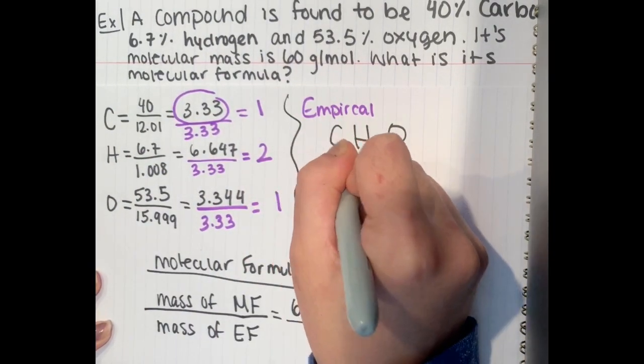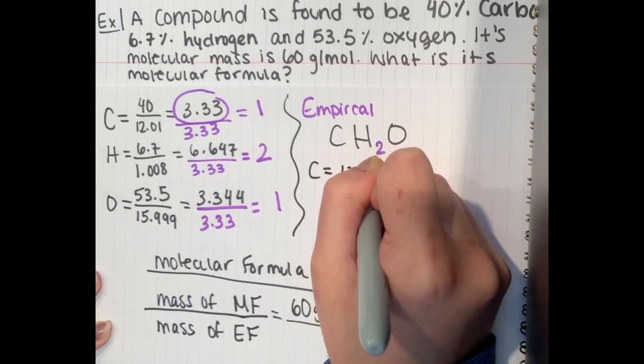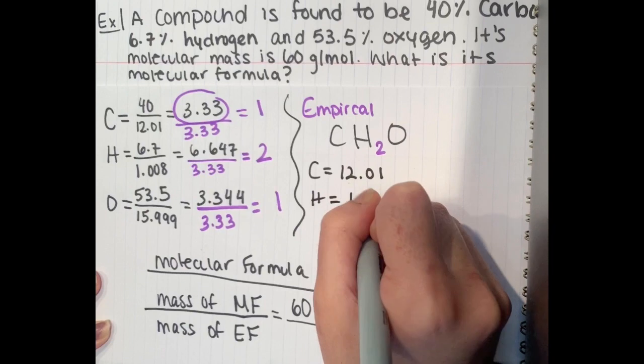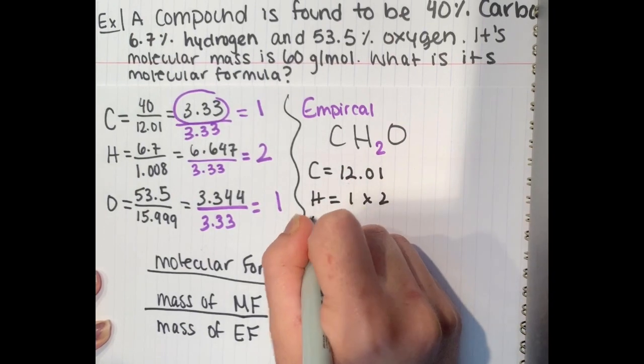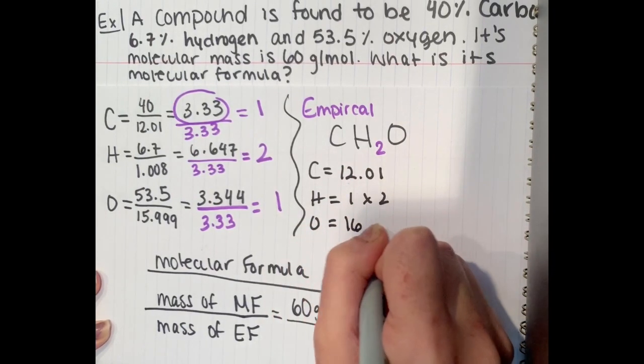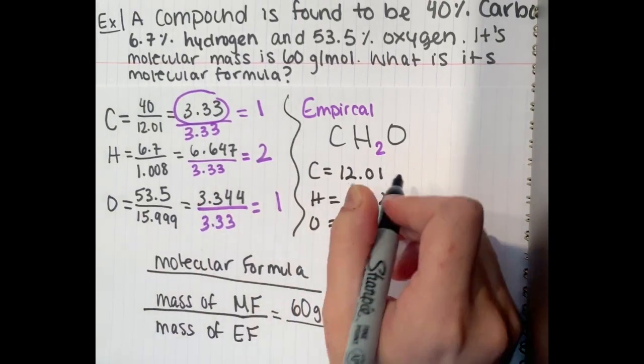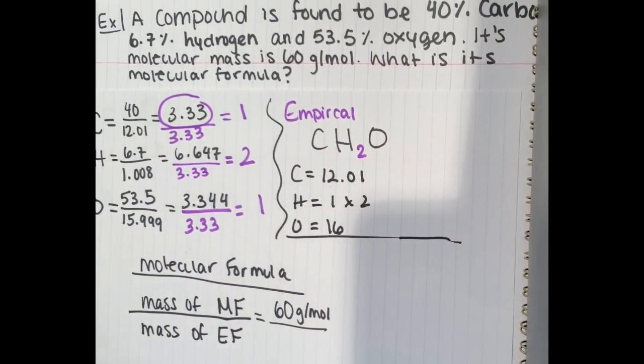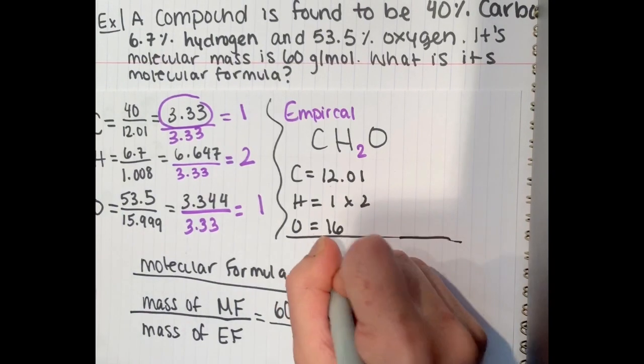So the molecular mass for carbon is 12.01. For hydrogen, it's 1 times 2 because I have 2. Oxygen, now we can say it's 16. We don't need to be super extra with the decimals. So if you do 12 plus 2 plus 16, you'll get 30.